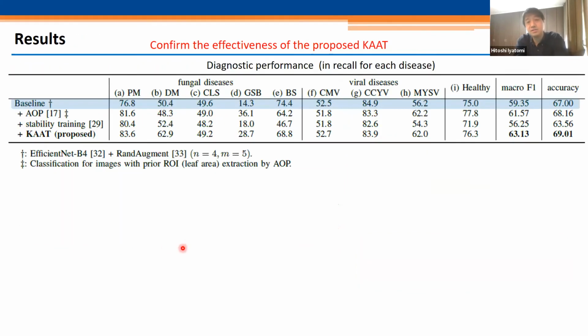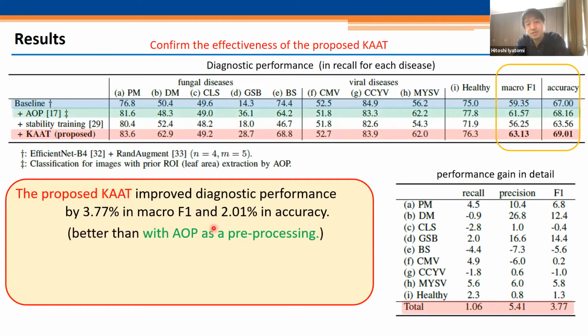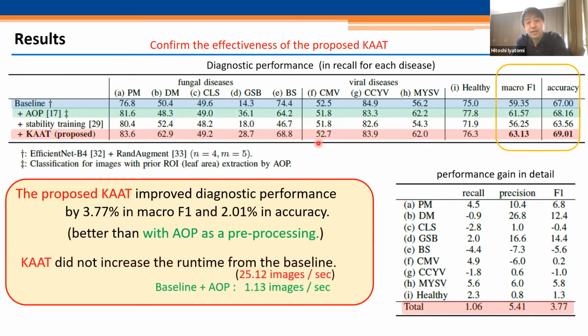So here is a summary of the diagnostic results. As we can see, the proposed CAT improved diagnostic performance by 3.8% in macro F1 and 2% in accuracy. This is better than performing ROI segmentation as a pre-processing step. Also, CAT did not increase the runtime from the baseline.